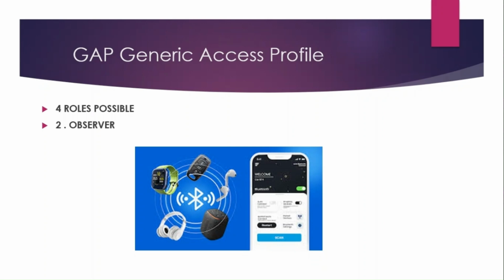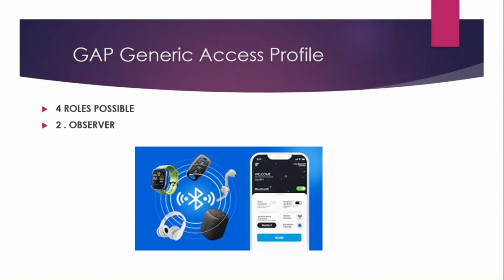Please go through them if you don't know the exact meaning of advertisement and scanning in BLE. For example, here is my mobile phone acting as an observer. It keeps scanning for which Bluetooth Low Energy device is sending data to it. So this was the second role.